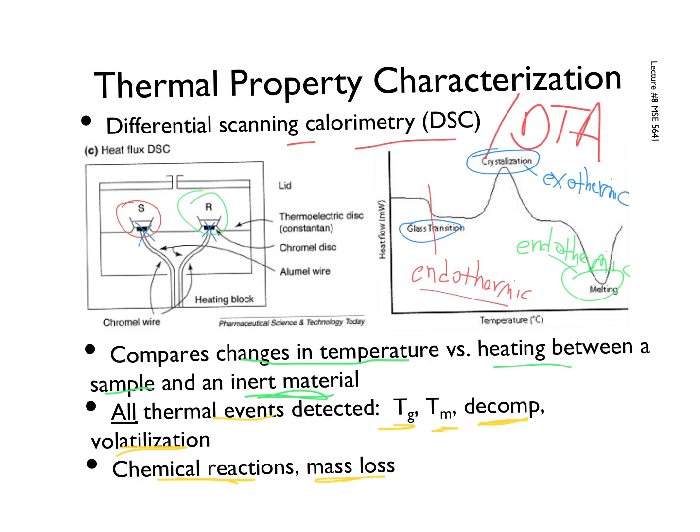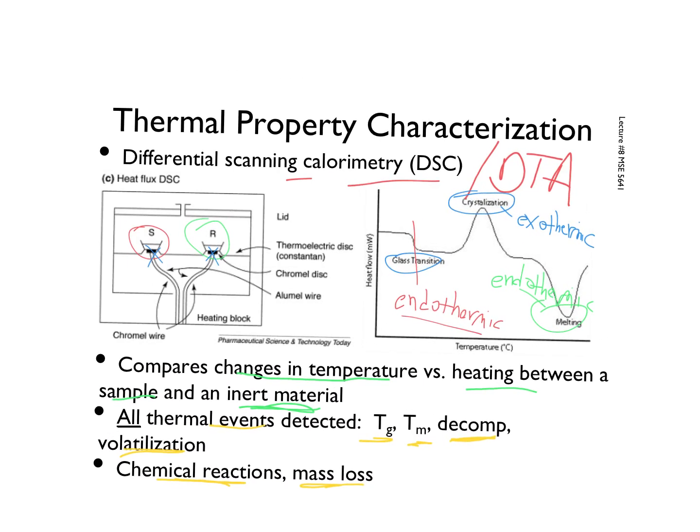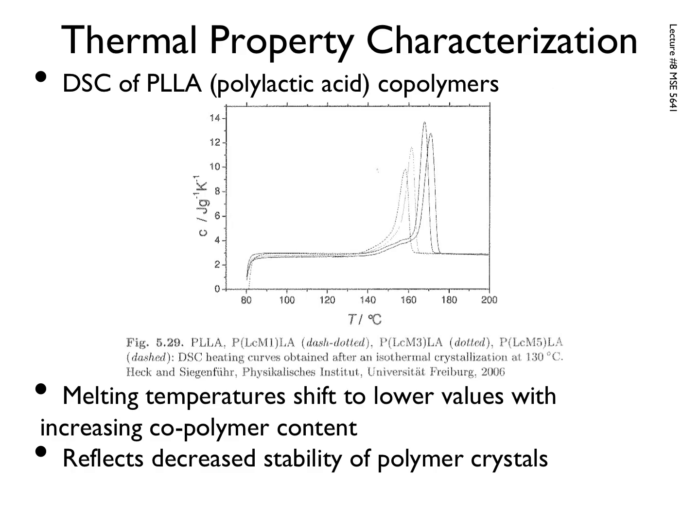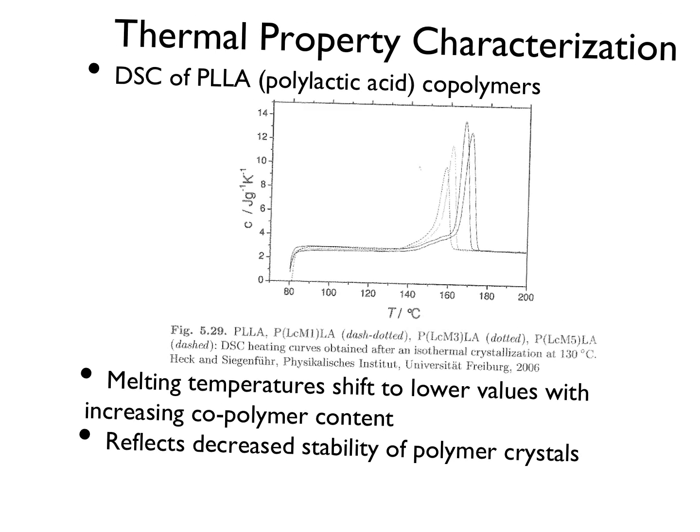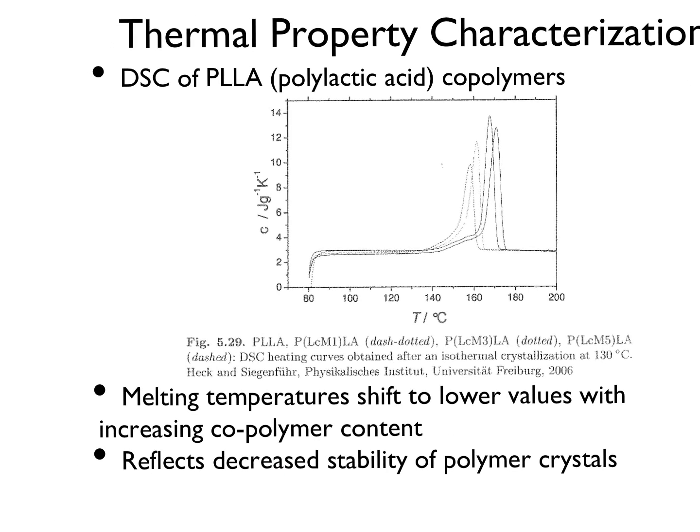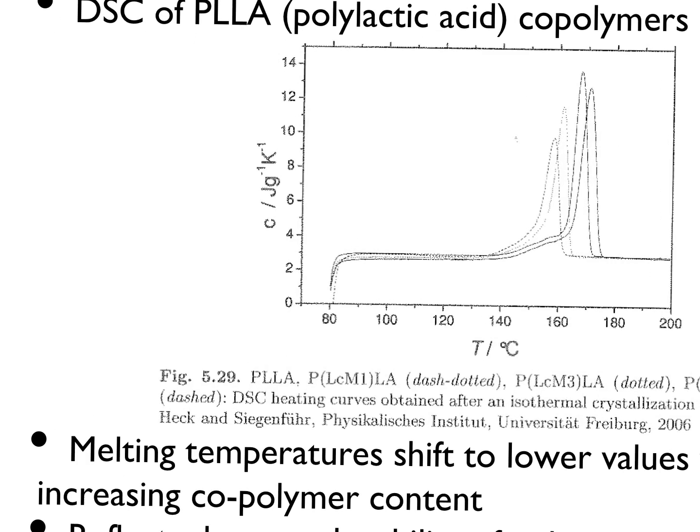All right. So hopefully this is somewhat familiar to you, and now what we're going to do is talk about how useful this is in terms of helping us understand what goes on in these systems. And the first thing we're going to talk about is polylactic acid, which is a biomedical polymer that you guys don't have to memorize the structure of, among the many things you don't have to memorize the structure of. What we're looking at is mixing copolymers with PLLA alone.